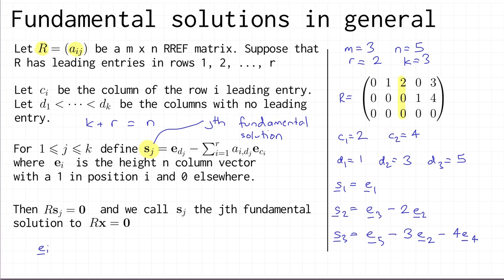Okay, so those are our fundamental solutions in this example. And if you want to write them out, we're running out of space here, so let's just write out one of them. For example, this one here would look like 0, minus 2, 1, 0, 0. That's the second fundamental solution.